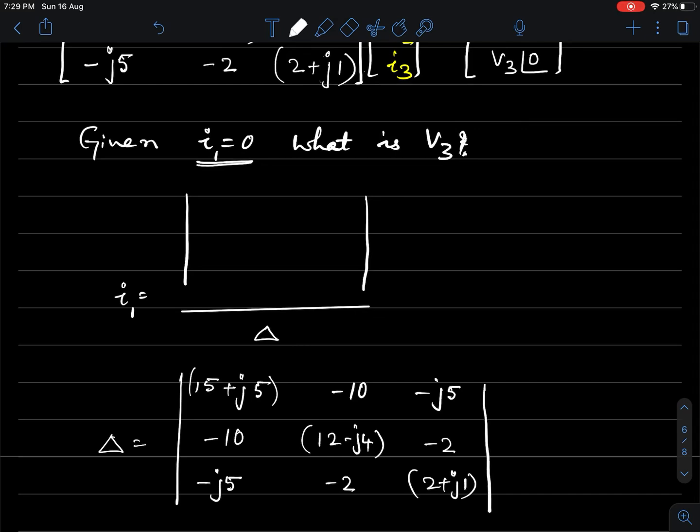The delta determinant is obtained by taking the coefficients of I1, I2, I3 from all the three equations and arranging them row wise. This is the discriminant.